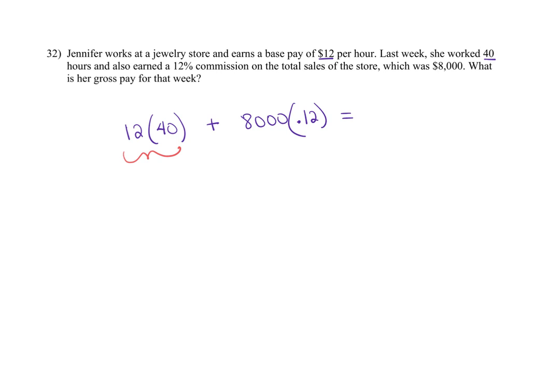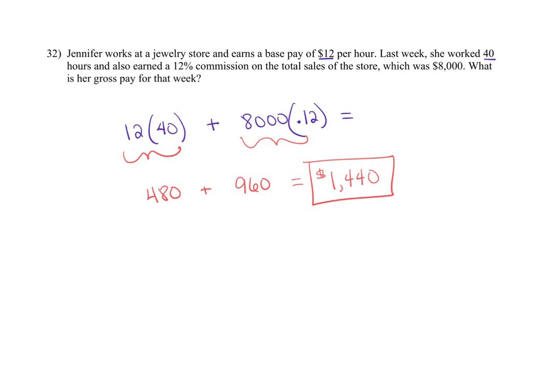Right, so we get basically $480 because it's just 4 times 12 with that 0. All right, how much did she earn from the $8,000? So this piece of it is going to be $960. If we add those two together, what was her total pay? $1,440. And that is her pay.